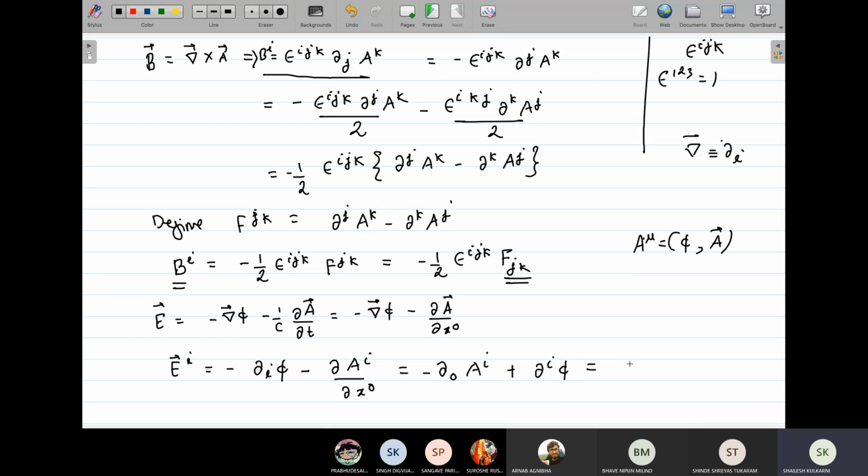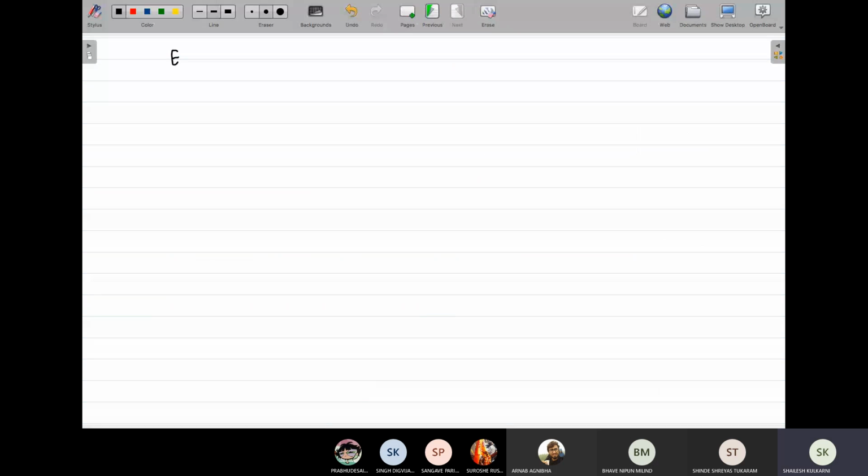So I will write this as del I A0 minus del 0 AI. If I take it up, there is no sign change. So I will define this as Fi0. I have expressed the electric field in terms of a two-index object Fi0, the ith component of the electric field.